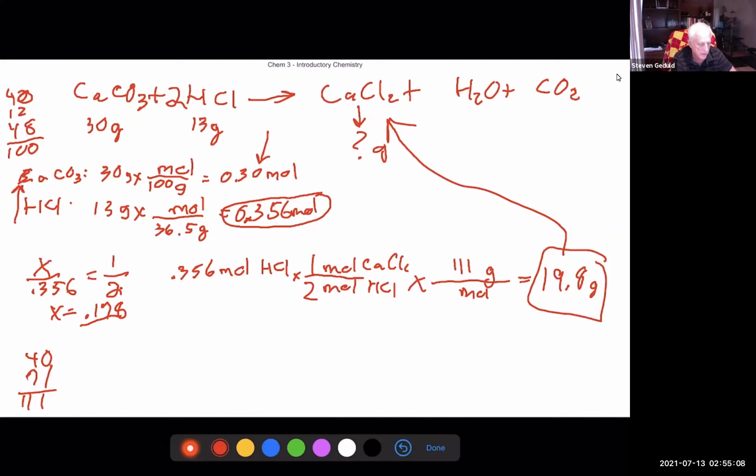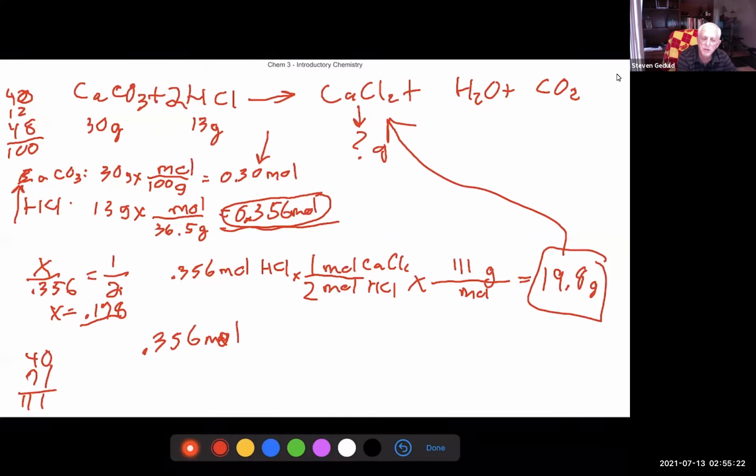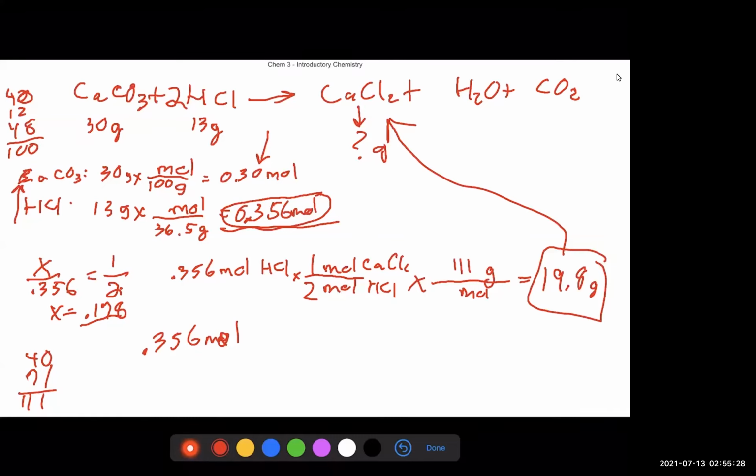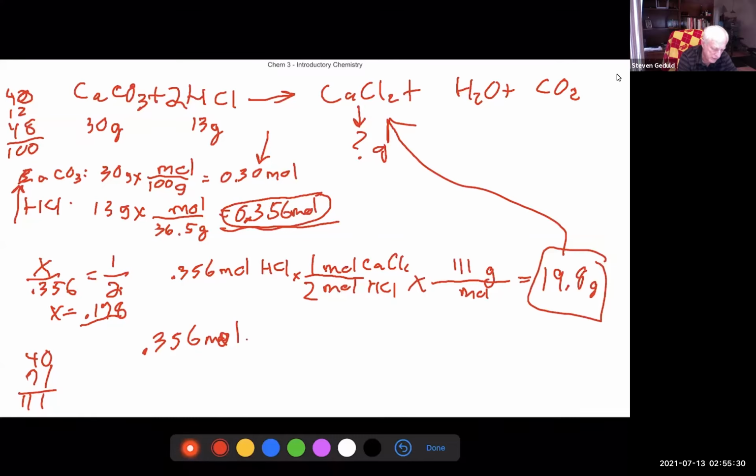We're going to use up 0.356 moles of HCl. Did I ask in grams or moles? It said grams. Okay, 0.356 moles of our HCl.